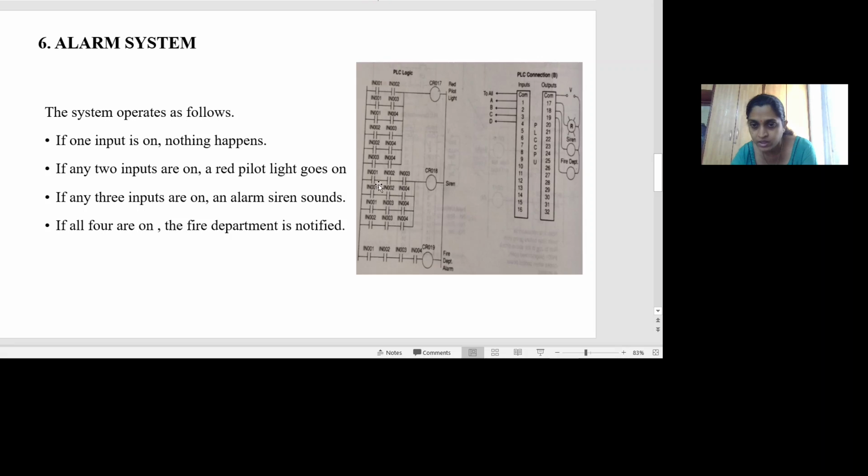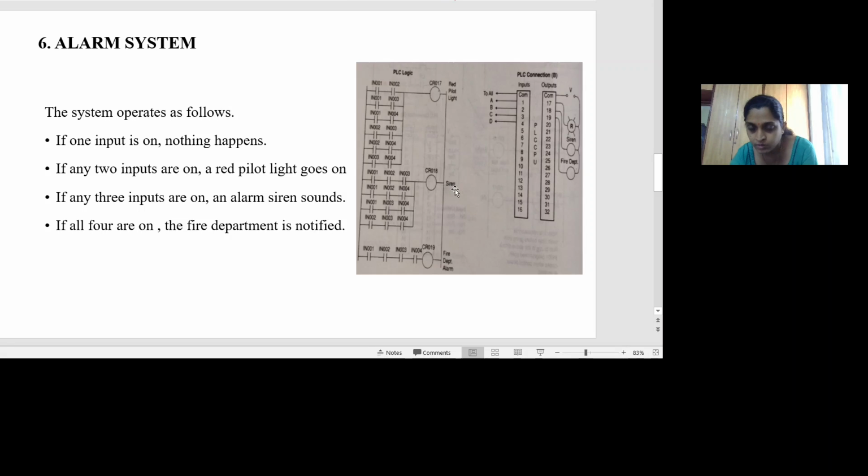Whenever I'm connecting these contacts in series, it means that all these three inputs have to be on in order to have the output turned on. And these three combinations are connected in parallel. It means that when any of these combinations occur, your output coil 18 will be energized.